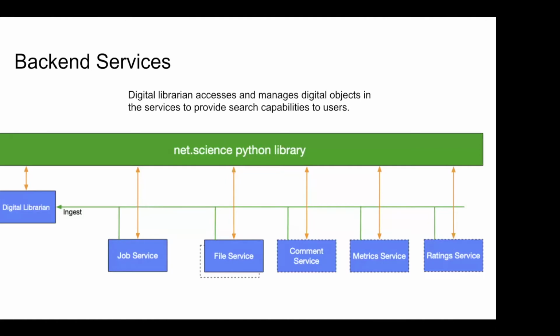So it can access this data, manage the data, represent it in different ways to expose, in this case, search facilities for the user. So for example, they might want to search on what kind of codes exist for computing strongly and weakly connected components, or they might be interested in doing analyses on graphs of particular sizes with other types of properties in the graphs, so that this digital librarian then supports this type of searching.